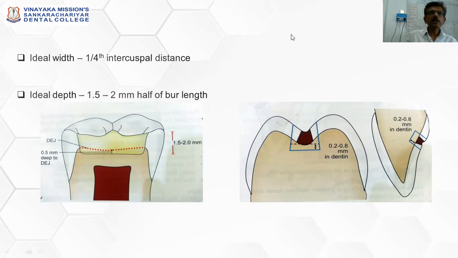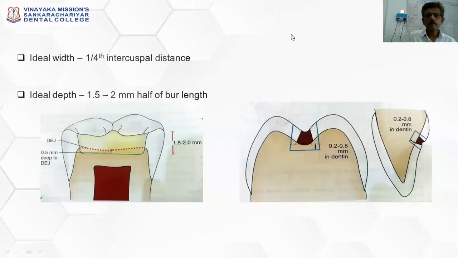So it is necessary that you keep this particular cavity design, especially for amalgam, in the dentin, that is 0.2 to 0.8 millimeter below the dentin. That is as per the resiliency of the dentin.